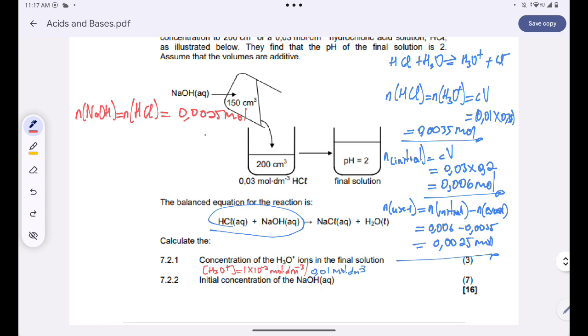And then for me to calculate the concentration of my base, remember that concentration is number of moles over volume. I want the initial concentration of sodium hydroxide. I'll simply take 0.0025 divided by the volume of my base, 150 cubic centimeters, so I write 0.15.